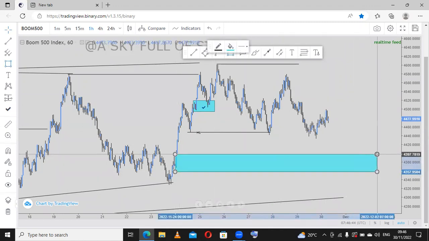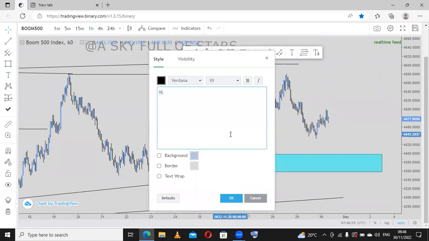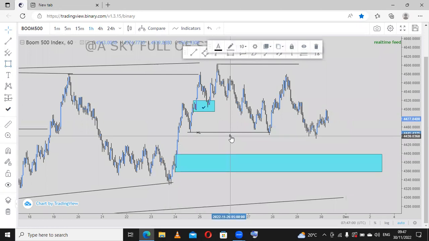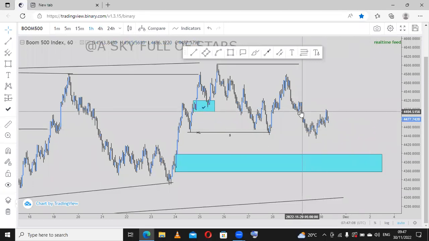because this is liquidity. So like me, I don't like to trade substructure. I don't know, like right now it looks like supply is in control, but I'm not sure if it's going to sell up to this point.